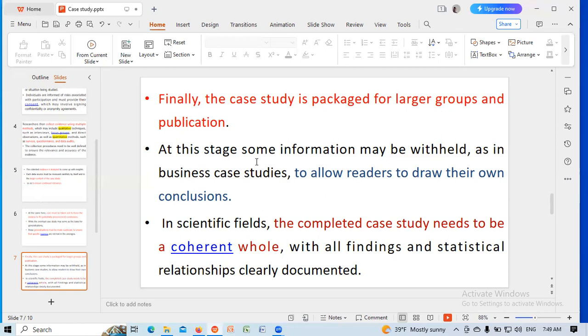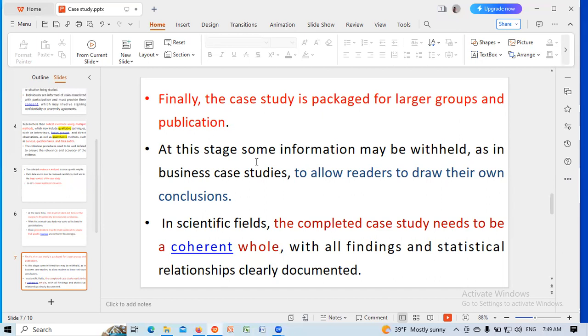In scientific fields, the completed case study needs to be a coherent whole with all findings and statistical relationships clearly documented.